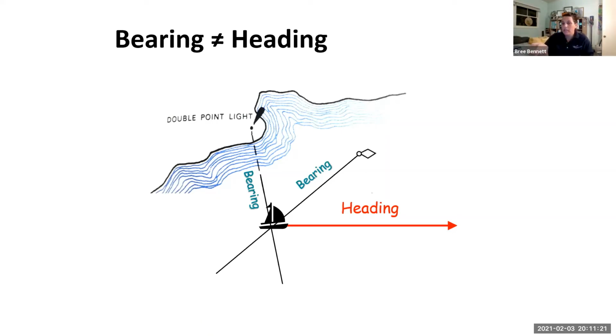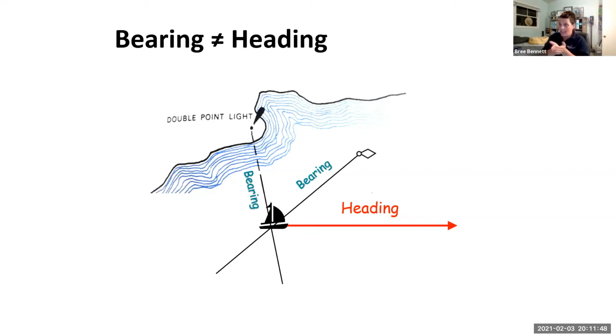Typically for recreational boaters, you're going to use a handheld compass or a stationary compass on board. As your boat is moving along, you can look at that compass and line it up with an object, a light, a buoy, something that is plotted on the chart, and get a line of position from it.